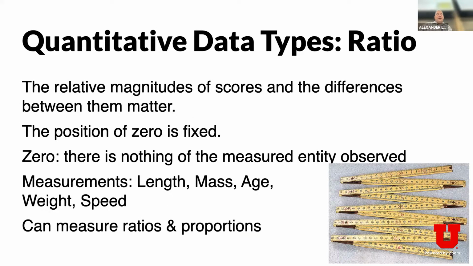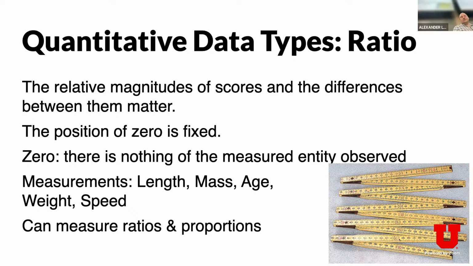The contrast to that is ratio data types, where the relative magnitudes of scores and the differences between them matter. The most important part is that the position of 0 is fixed. If I measure 100-meter race times, 0 is meaningful. I know exactly that somebody who took 20 seconds to run 100 meters was twice as slow as somebody who ran 10 seconds.